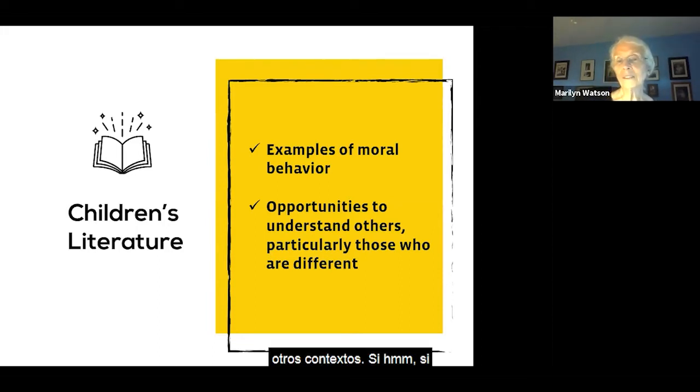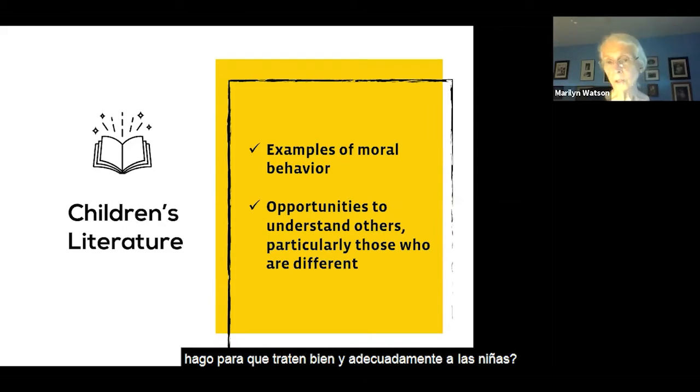If they are dealing with, let's say, a classroom of all boys, how do we help them understand that the world is not just about boys? How are we kind and moral toward girls?